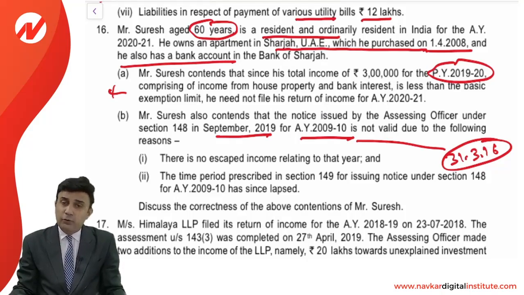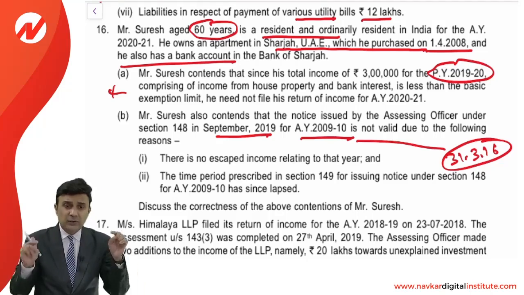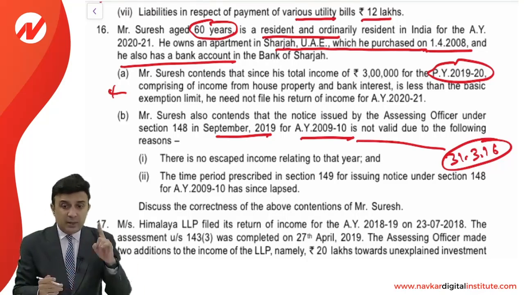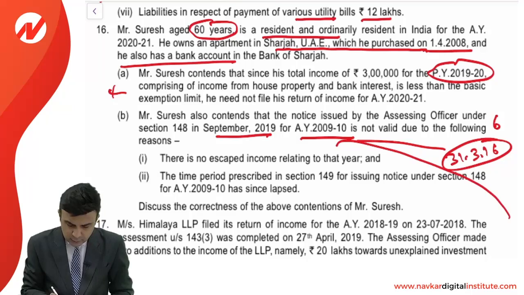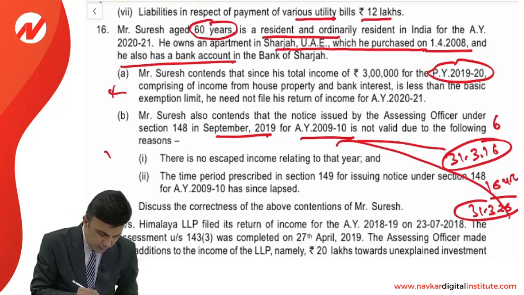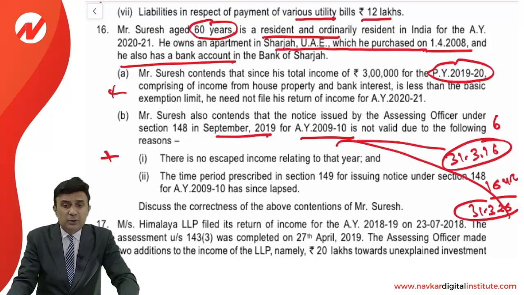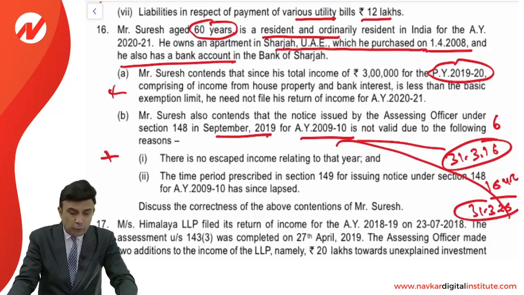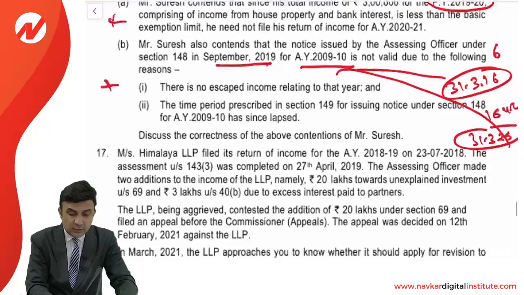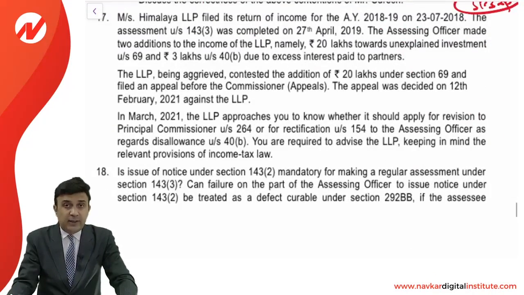Friends, over here, if any person is having any income outside India or asset outside India and the notice is related to the same, then it can be issued not within 6 years, but within 16 years. And hence here also the argument of Suresh is not acceptable, not tenable in the eyes of law. So both contentions of Suresh are not acceptable as far as 139(1) as well as 148 read with 149 is concerned.